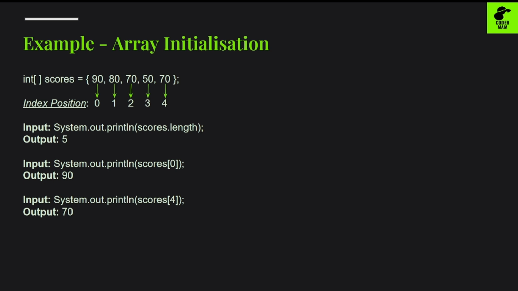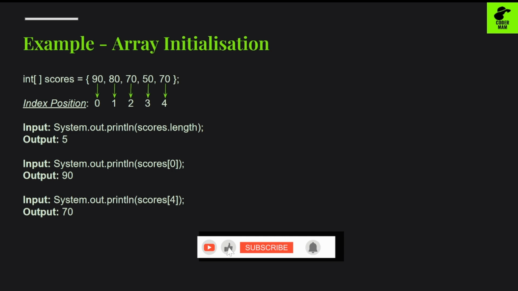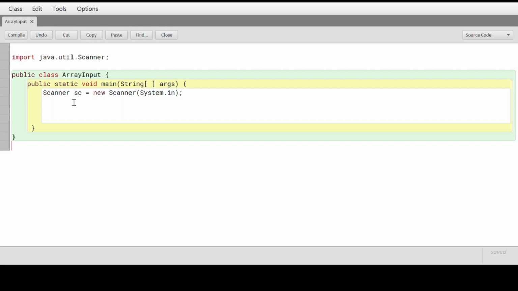Now let us see the working of the array program. So first I will show the sample program how to input and print the elements of the array. This is one of the examples for how to input and print the elements of the array. Here class name is ArrayInput.